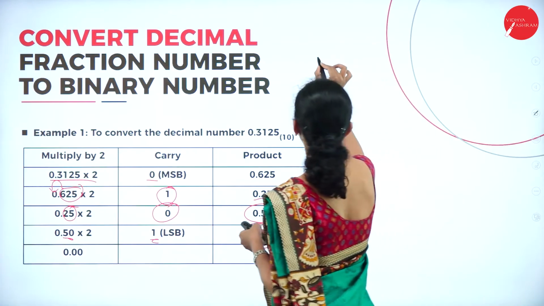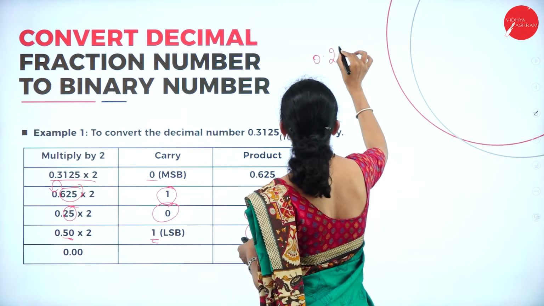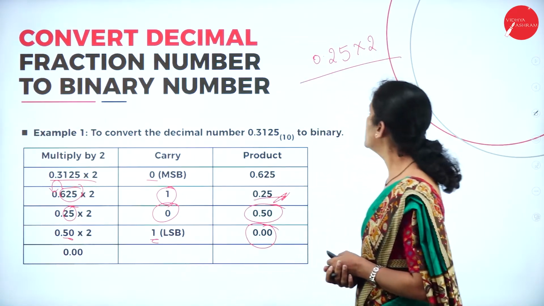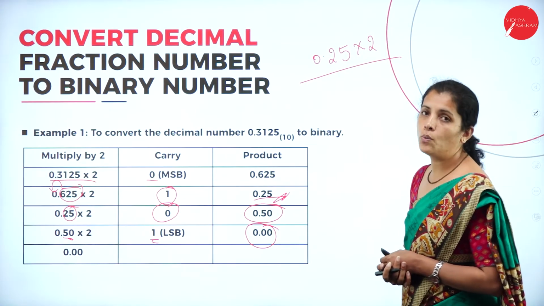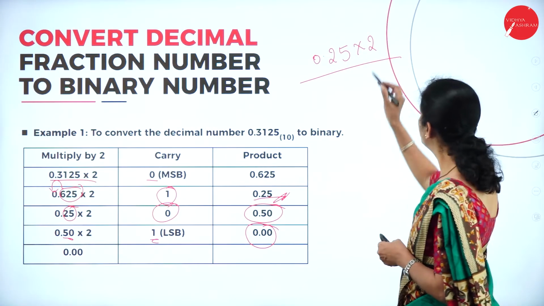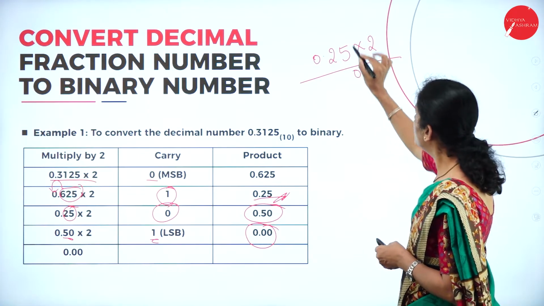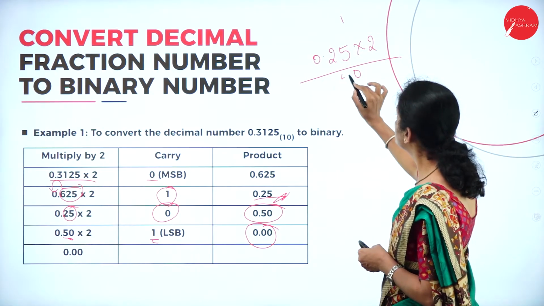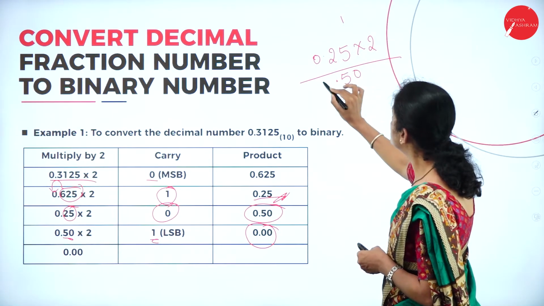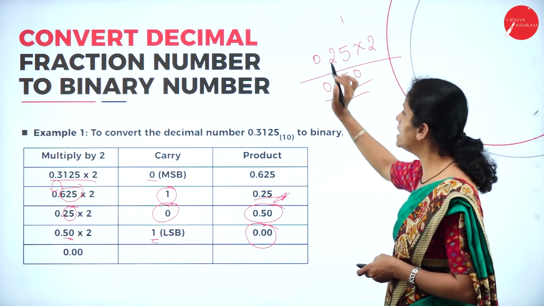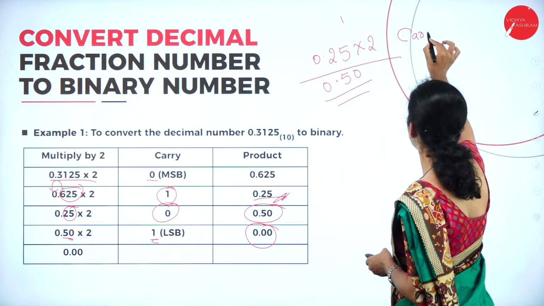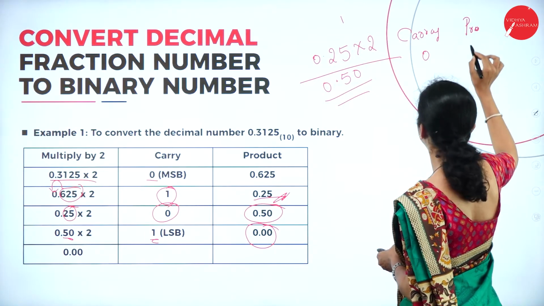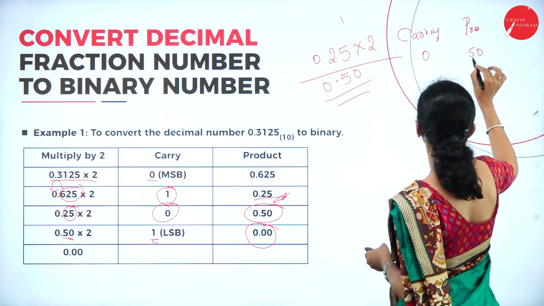Now let me consider one simple example that I have, 0.25. So what I want to do? I want to multiply this fractional value with 2. 2 5s are 10, 1, 2 2s are 4, 4 plus 1, it is 5.0, because I don't have any carry. So here carry is 0 and product is 0.50.